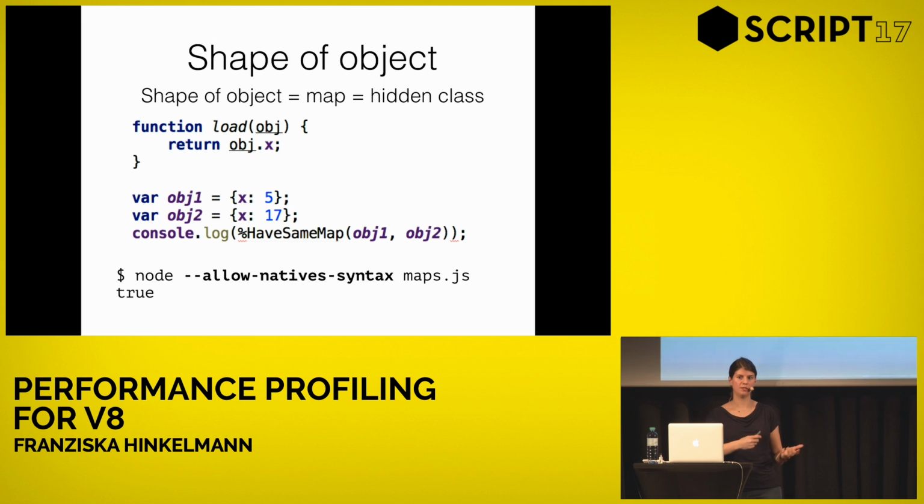So that's a V8 thing. We have a bunch of internal functions that you can call from JavaScript with this weird syntax. And if you want to do that, you have to call Node or Chrome with the special flag --allow-natives-syntax. That gives you access to all these internals. So if you want to play around and figure things like that out, that's what you can use.